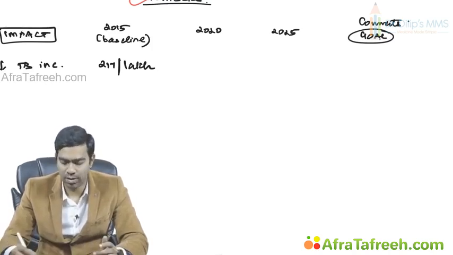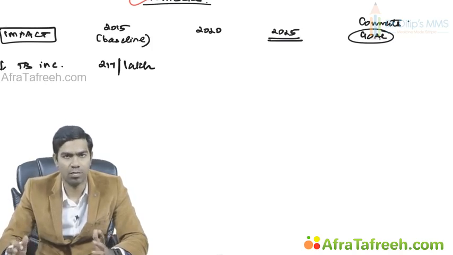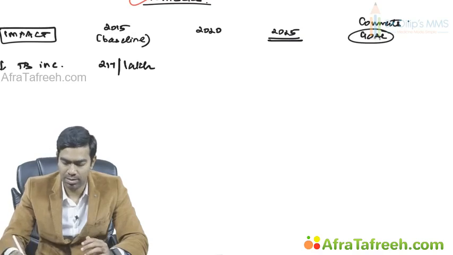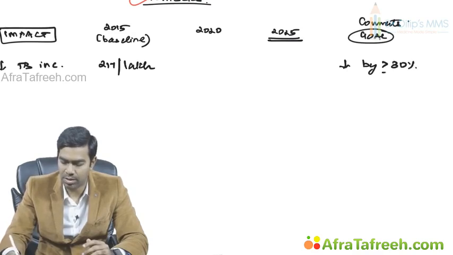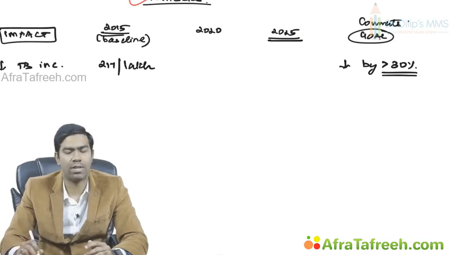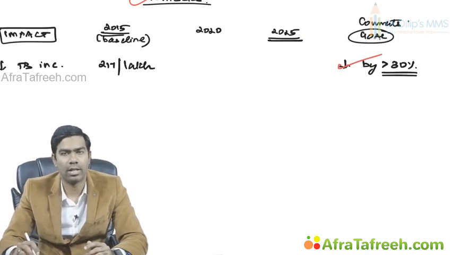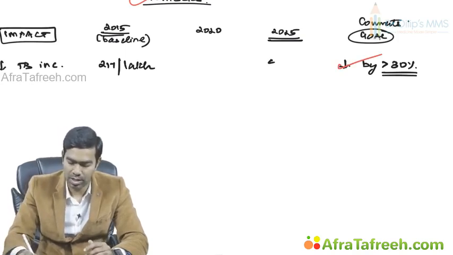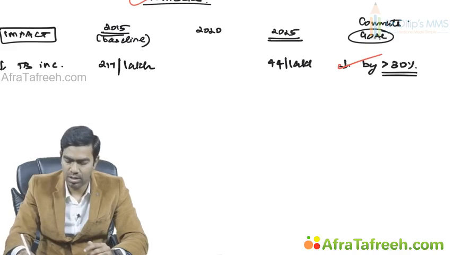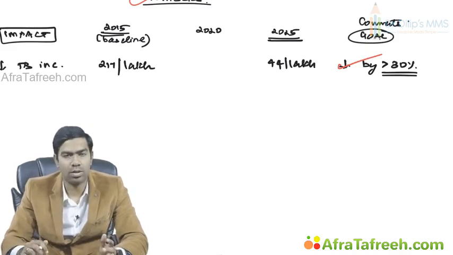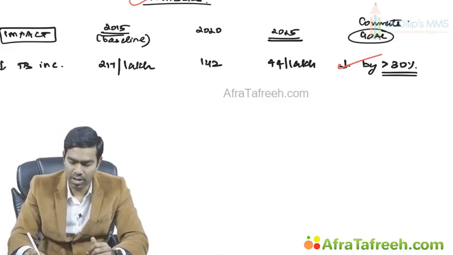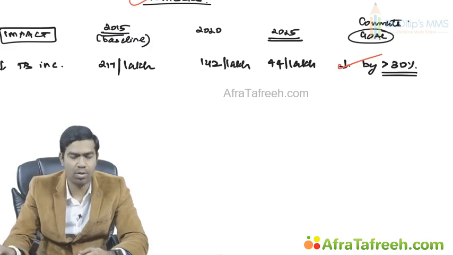The goal by 2025 is a decline in incidence by at least more than 80% from this 2015 value. By this definition, it has to be in the range of 44 per lakh compared to 217 per lakh in 2015. In 2020, an intermediate target is set, that is 142 per lakh.